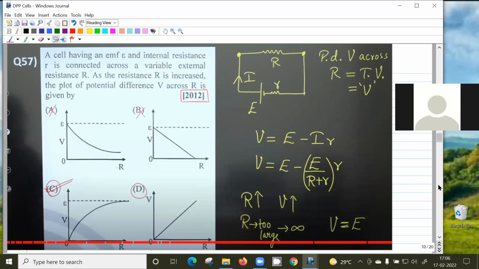A? No, think properly. You have to put different values of capital R. If you put a large value of R, what is happening to the value of V? It reaches a maximum value. It's saturating to some value, right? Yes, sir. So it's option C.